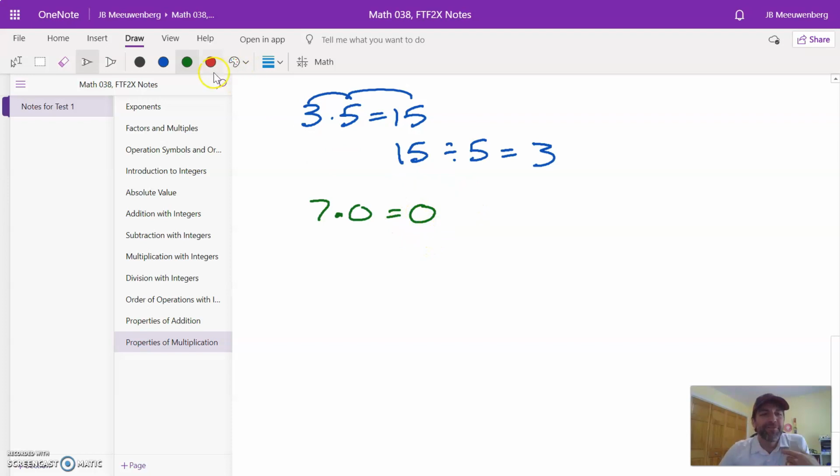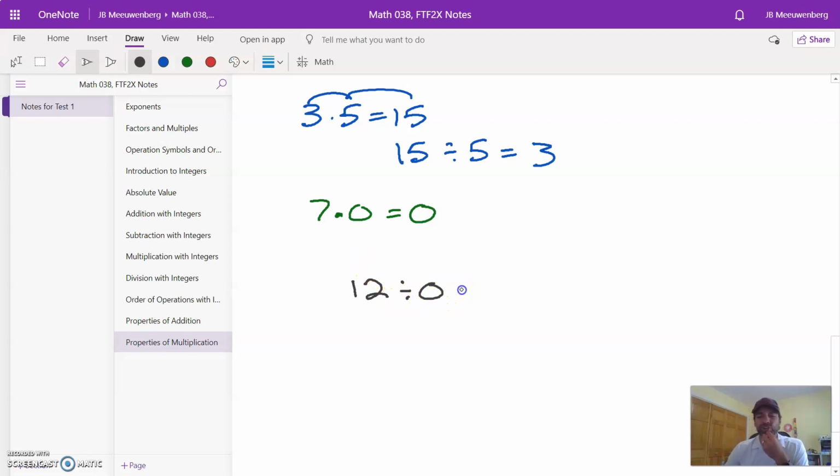But let's turn it around. I want to try to do 12 divided by 0. Let's just say I want to try to do that, right? That's the question that I'm trying to answer.